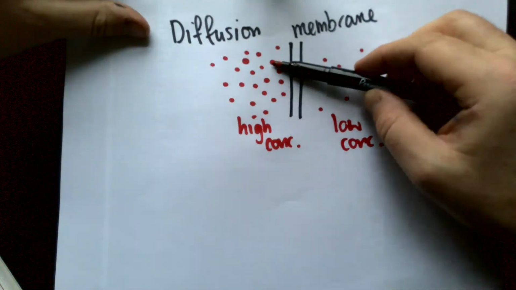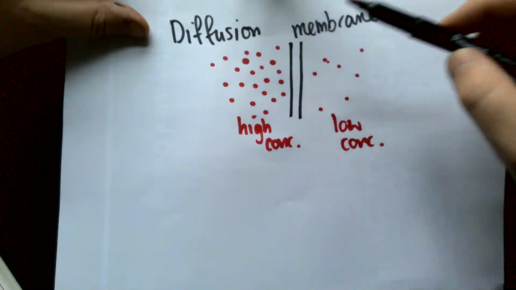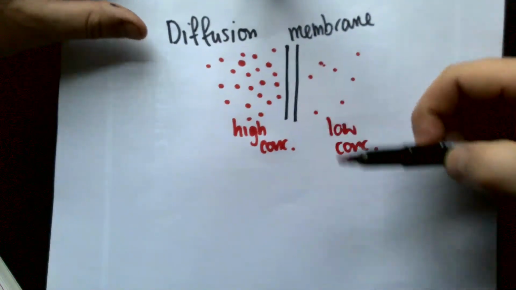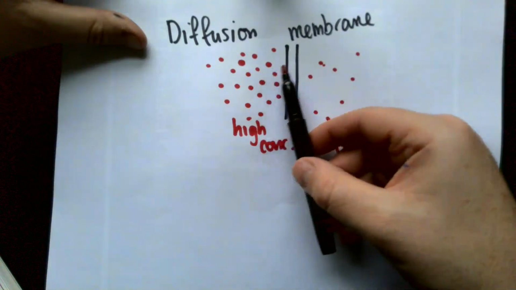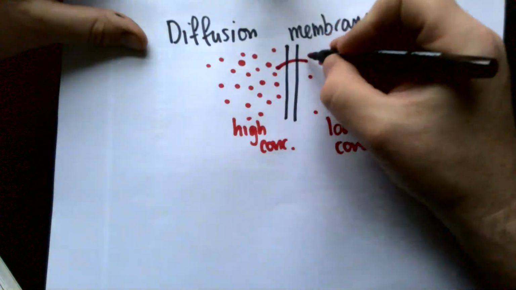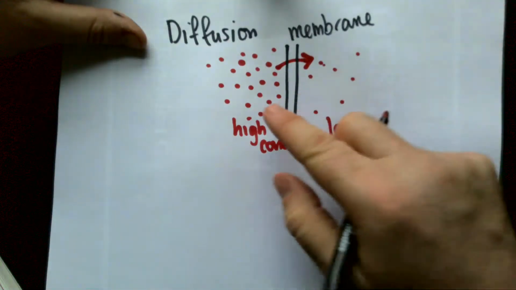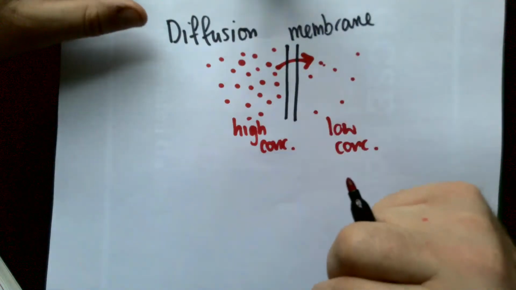These molecules go across to this side. These ones go across to this side. But where have I got more of them? I've got more on this side than over here. So on average, there will be a greater movement from this side across to here. So we go from high concentration to low concentration, and that's called diffusion.